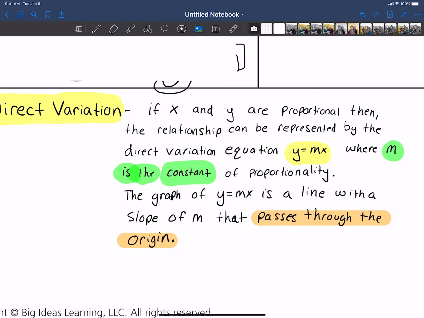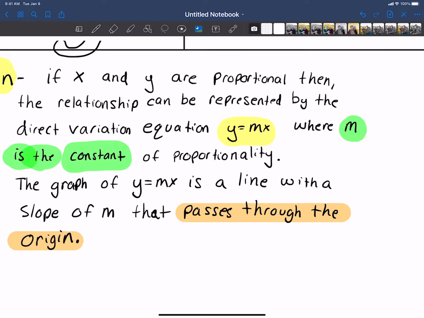If x and y are proportional, then, comma, the relationship can be represented by the direct variation equation y equals mx, where m is the constant of proportionality. The graph of y equals mx is a line with a slope of m that passes through the origin. Okay, I'll let you guys write that down. I'll try to give you enough time.